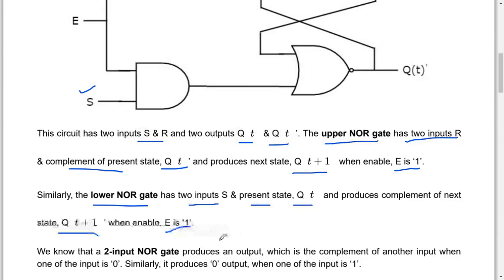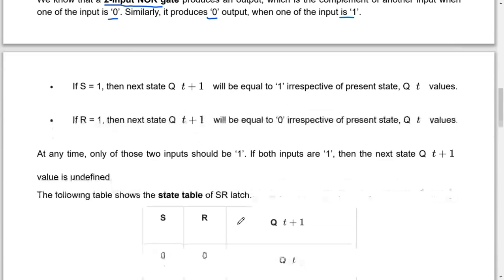We know that a two input NOR gate produces an output which is the complement of the other input when one of the inputs is 0. Similarly, it produces 0 output when one of the inputs is 1. If S equal to 1, then next state QT plus 1 will be equal to 1 irrespective of present state QT values.